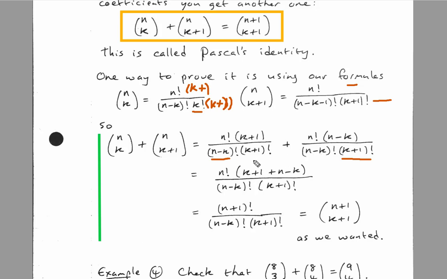Now we have a common denominator. Now we can just add the tops together. So we have n factorial times k plus 1 plus n minus k.